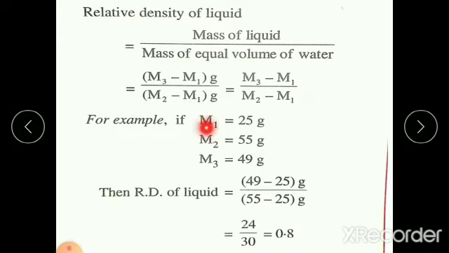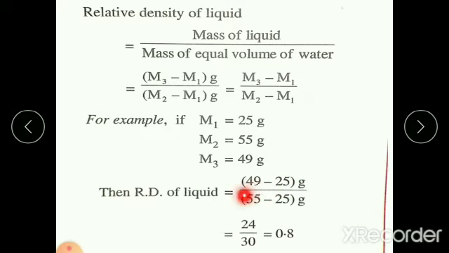For example, m1 equals 25 grams, the mass of the empty bottle. m2 equals 55 grams, m3 equals 49 grams. Then the relative density of the liquid is m3 minus m1 divided by m2 minus m1. What is m3? 49, minus m1 which is 25 grams.